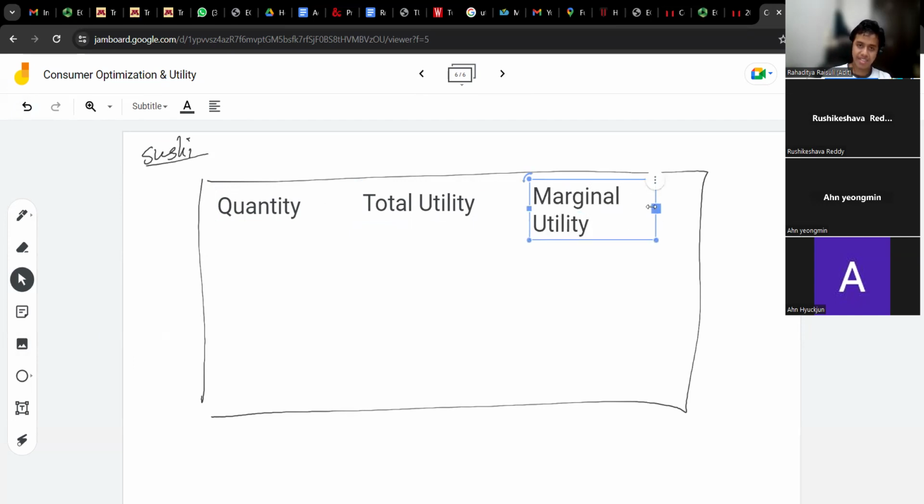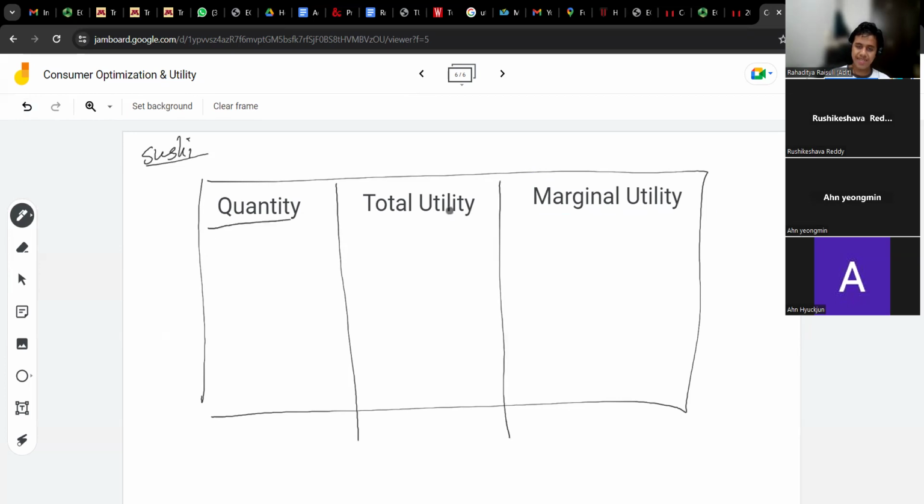In this case, we're gonna be looking at sushi. One thing you might have noticed when you eat is that usually the first bite will be the most satisfying one. Like let's say you just ran 10 kilometers for some reason. If you did a really big exercise, usually when you go for lunch right after that, your first bite will be super satisfying.